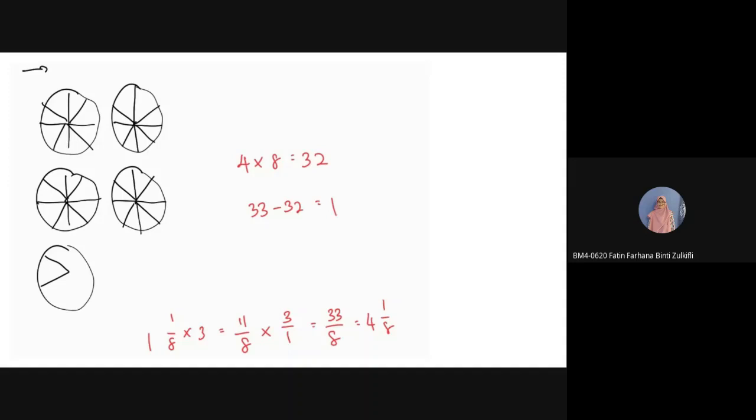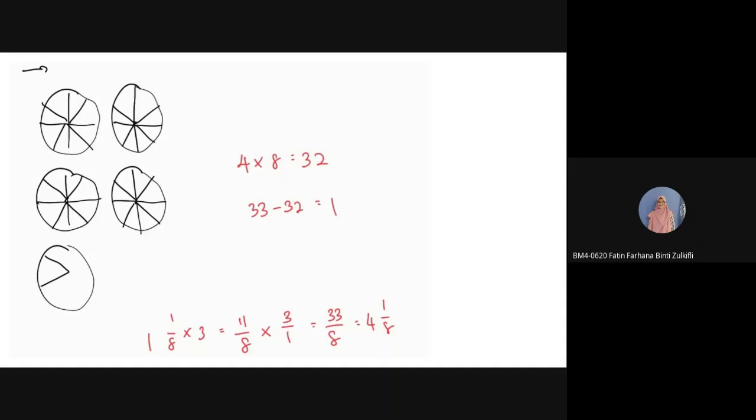Then if we can see, the whole pizza is cut into 8 pieces, right? So multiplying 8 by 4 we get 32, right? Before this we had 33 cut pieces of pizza.